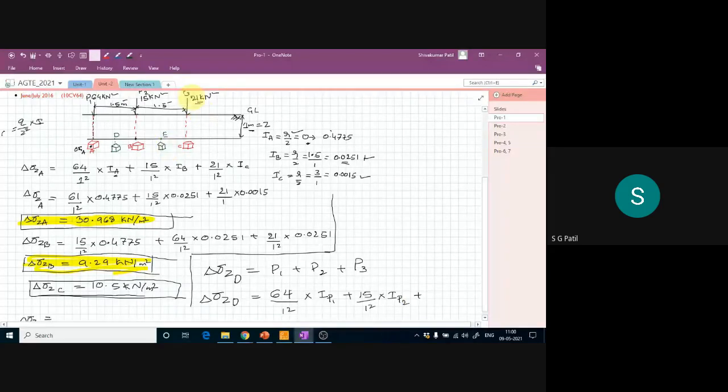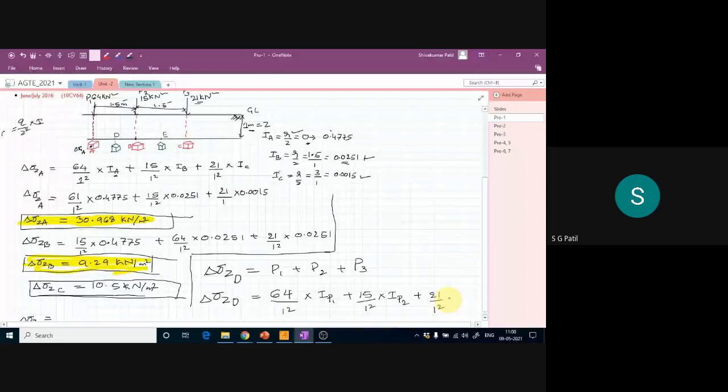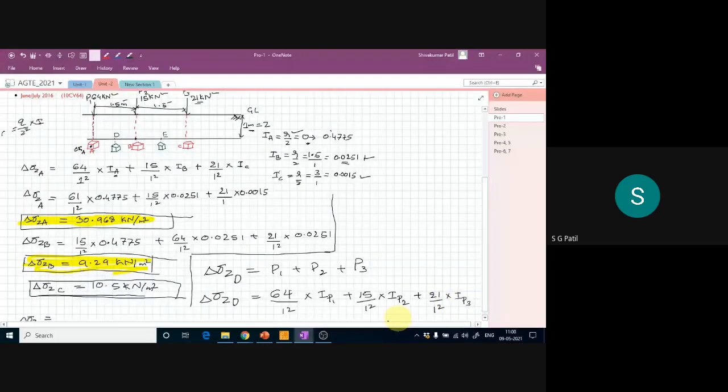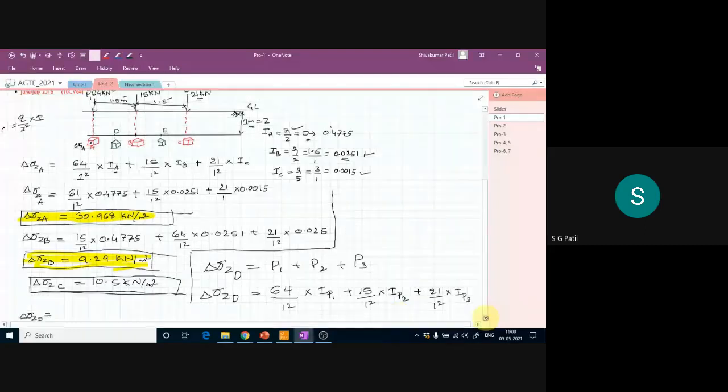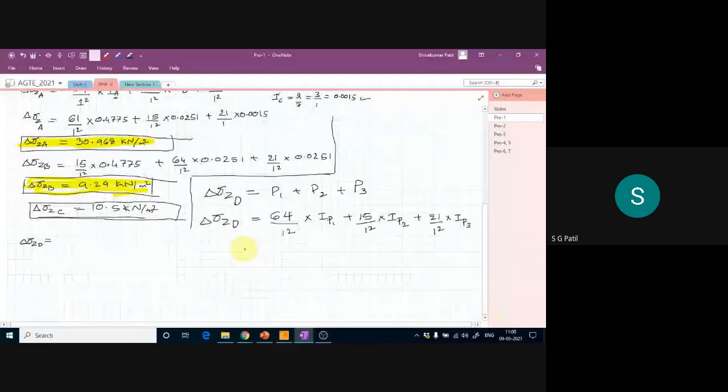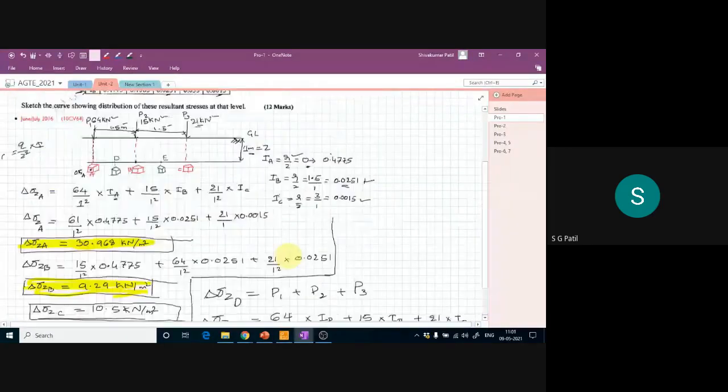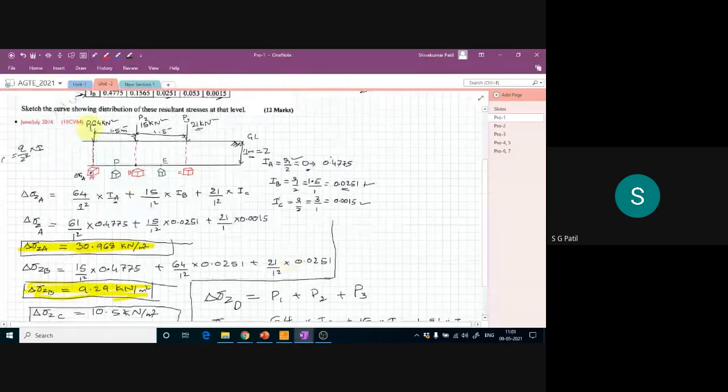So 15 divided by Z square into the influence factor due to point load two, plus P3.